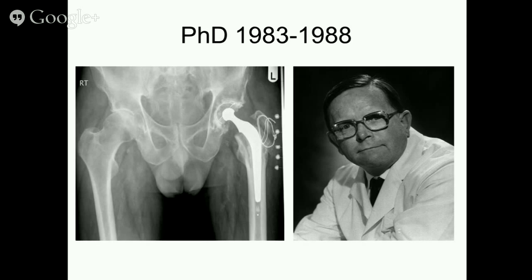And my predecessor, who was my clinical supervisor, a great man, unfortunately not with us anymore, Ian Kelly, had studied a group of hip replacement patients at 6 months, and in his 2-year MD he had only studied 17 people.